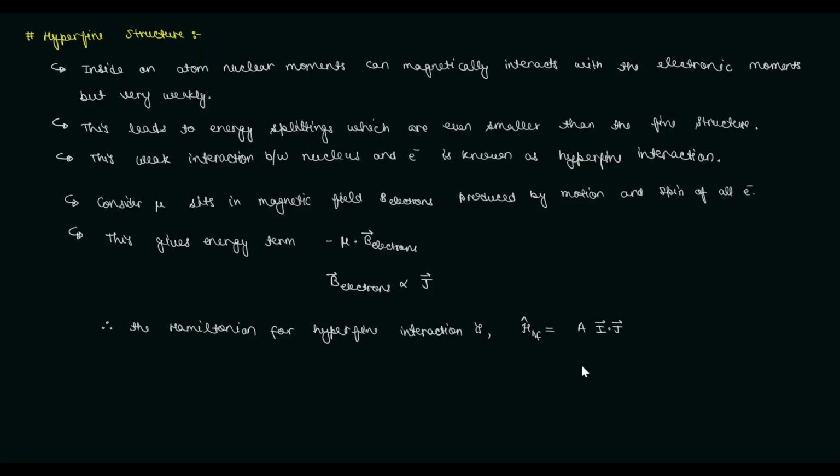The precise form of the hyperfine interaction is complicated for a general atom, but can be worked out in detail for a single electron atom interacting with a point nucleus.